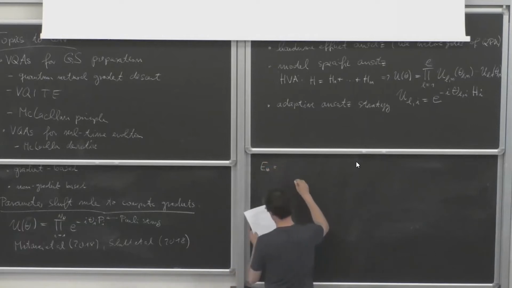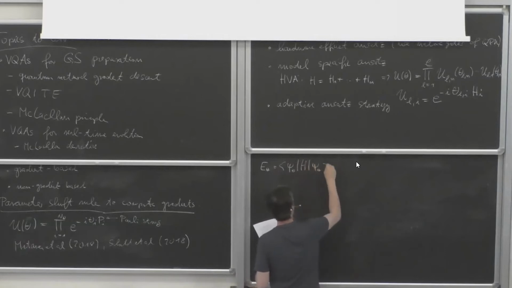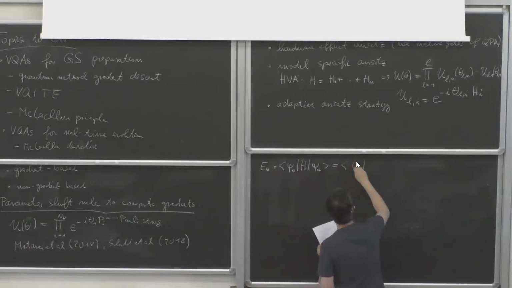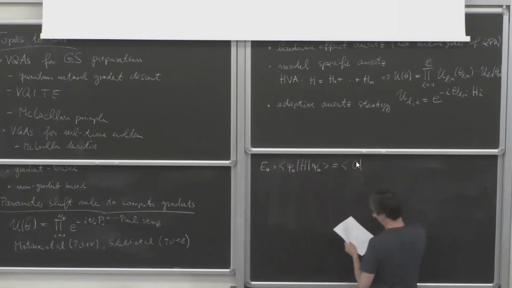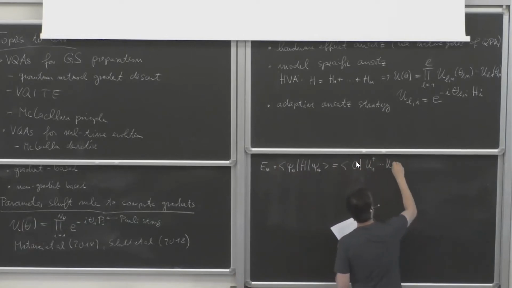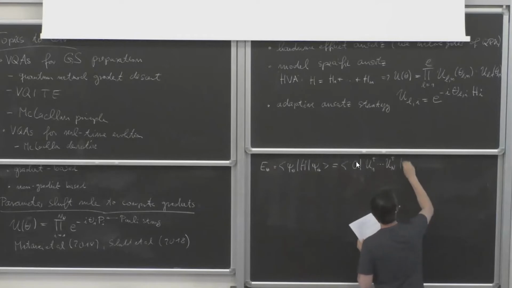So the energy, as I said, is given by this expectation value. I'm going to rewrite this with my reference state. Let me call the reference state psi_0 for now, so it's easier for you to distinguish it from psi of theta. And then I'm applying these unitaries.